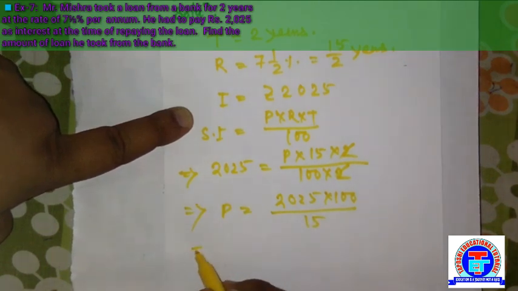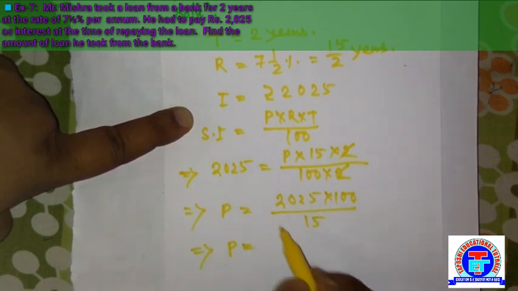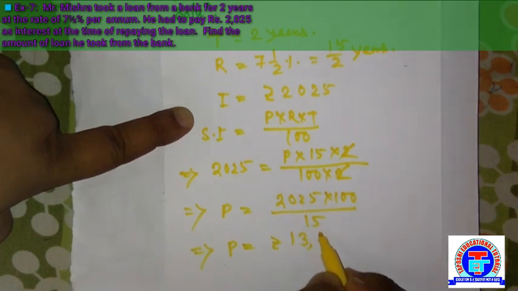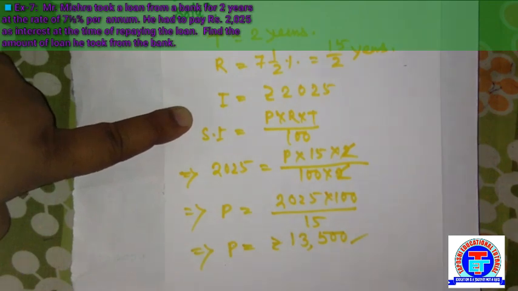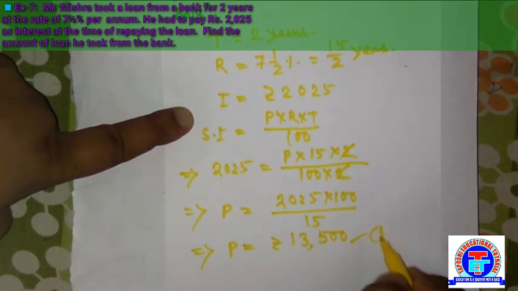Okay, so it will come P is equal to, calculate this one, then you will get rupees 13,500, right? So Mr. Mishra took a loan of amount, a sum of money, 13,500 rupees. Okay, this one is the answer.